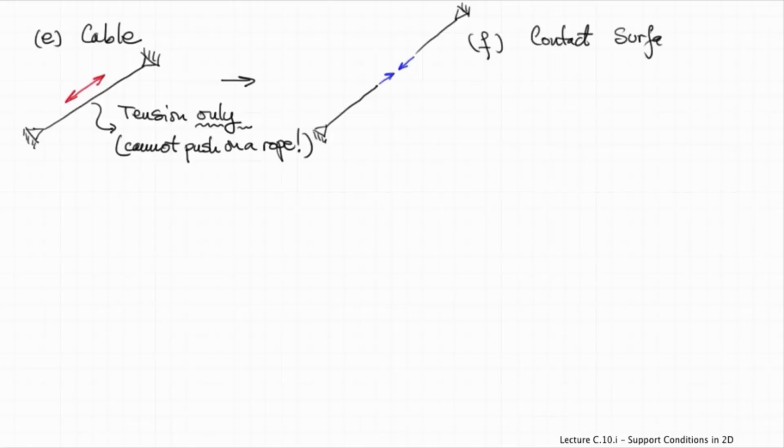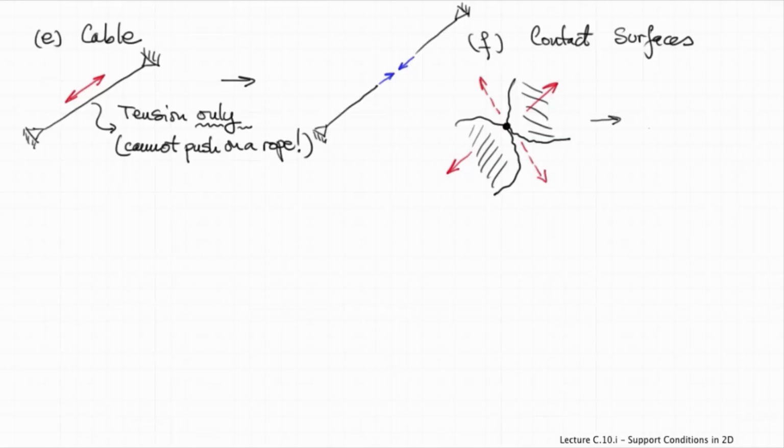Now, often in questions we would have bodies that are in contact, touching each other. In other words, one body supporting the other one, and if we need to analyze one of them, we need to separate them. In between these bodies in contact, the translation that is perpendicular to the common tangent is always not allowed, and sometimes if friction is existing, is not zero, then you'll also have a tangential force, which is the friction force.